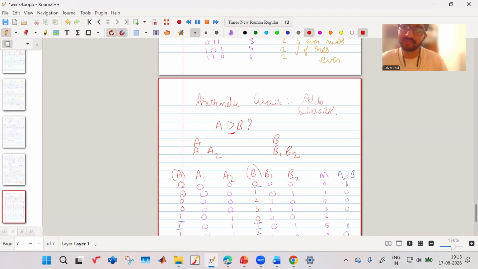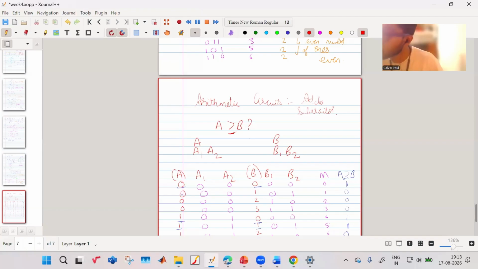Then I'm fine. I don't want to be less than them. Let us assume that you are A and your friend is B. In terms of marks, many times we compare, right? So this is like that comparison. I'm comparing the number A with the number B, and I want the output to be true when A is either greater than or equal to B.